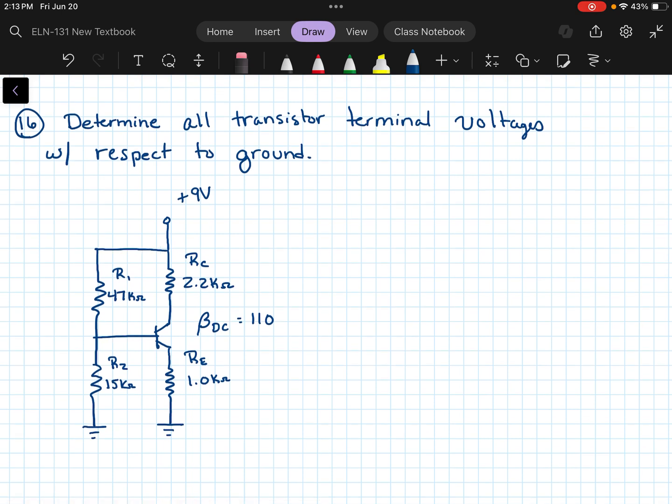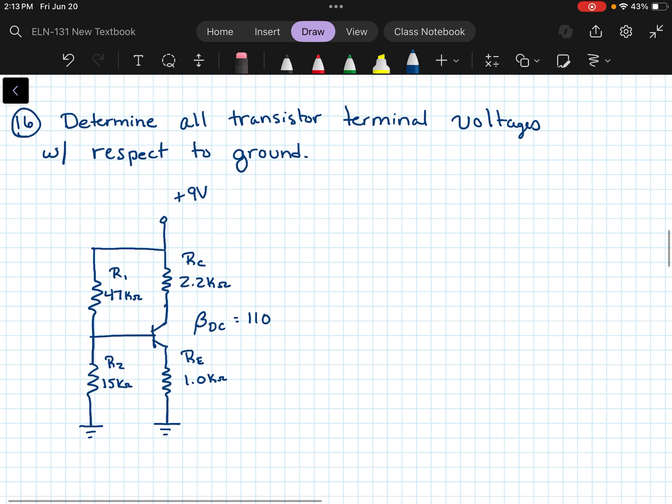Okay, let's determine the transistor terminal voltages with respect to ground. So what that means is, here at our collector, VC, here at our base, VB, here at our emitter, VE, we're just going to measure each of those with respect to ground.